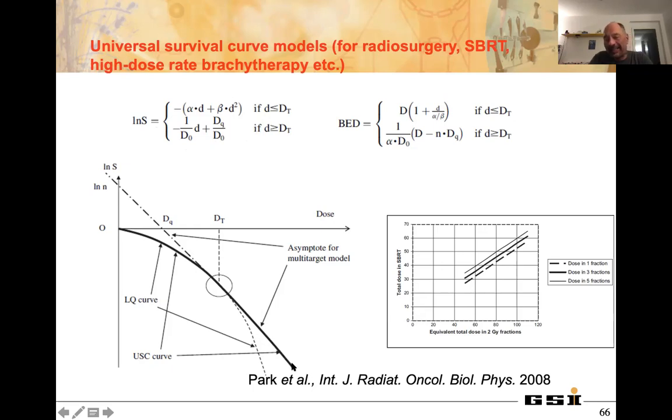So this is now the purely exponential described from here for a dose higher than the threshold dose. This is for the survival curve, and this is for the BED. So using the combination of the linear quadratic and target theory here, you can have a curve that reproduces nicely the data. Also the data here, this is the total dose versus the equivalent dose, and there are some data showing that these predictions are correct.